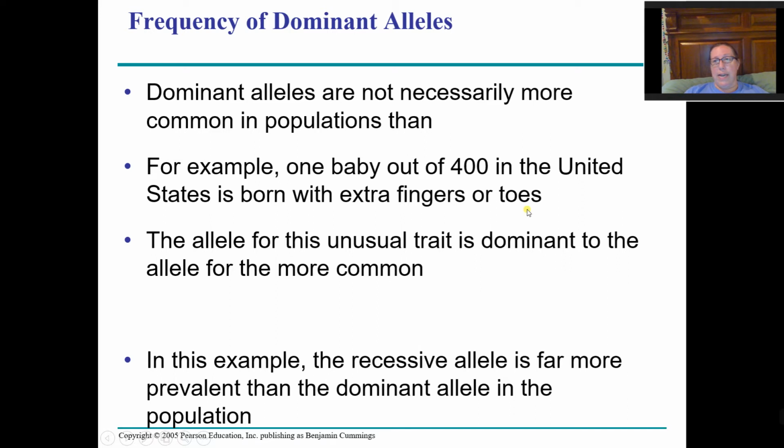This is polydactyly. Interestingly enough, it's the polydactyl trait that's actually dominant to the allele for the more common 5 fingers and 5 toes on each hand or foot. So in this case, the recessive allele is actually more prevalent than the dominant allele in the human population.